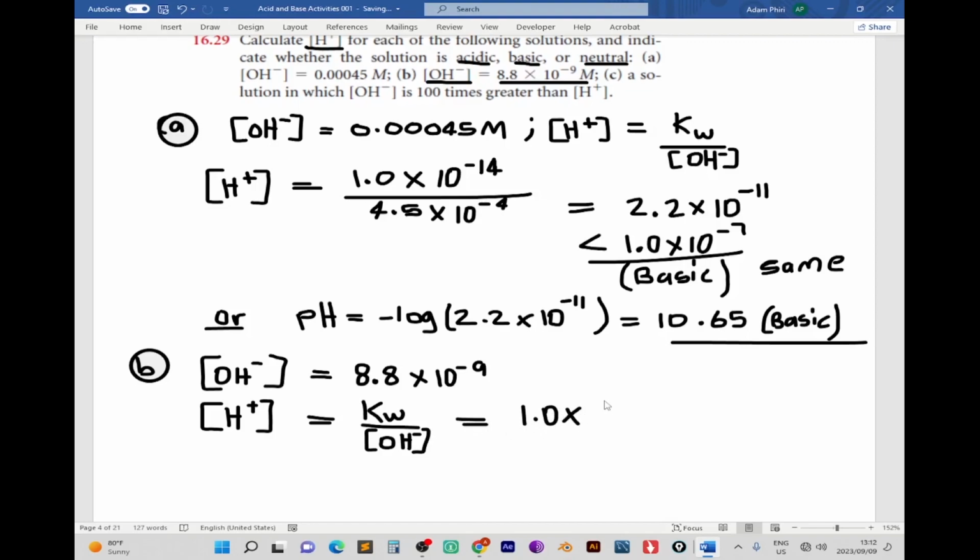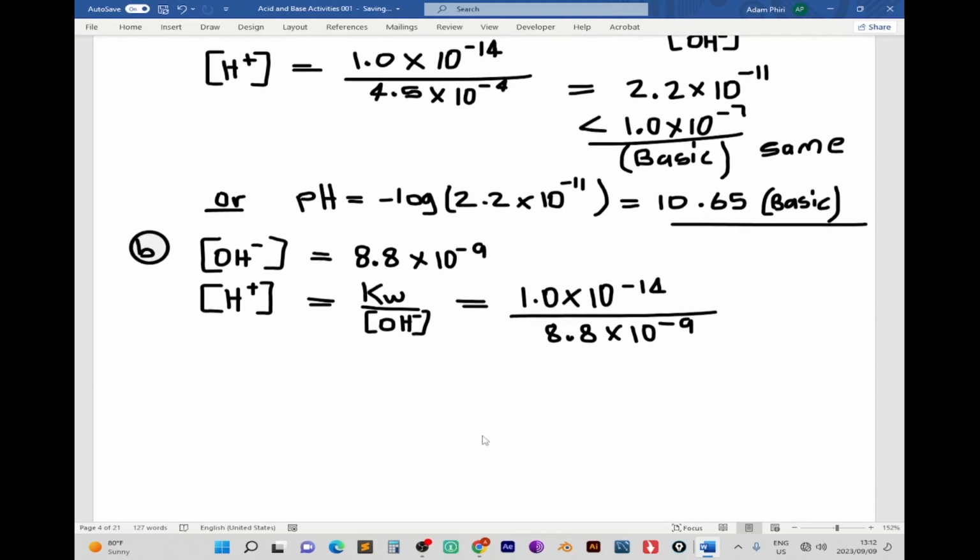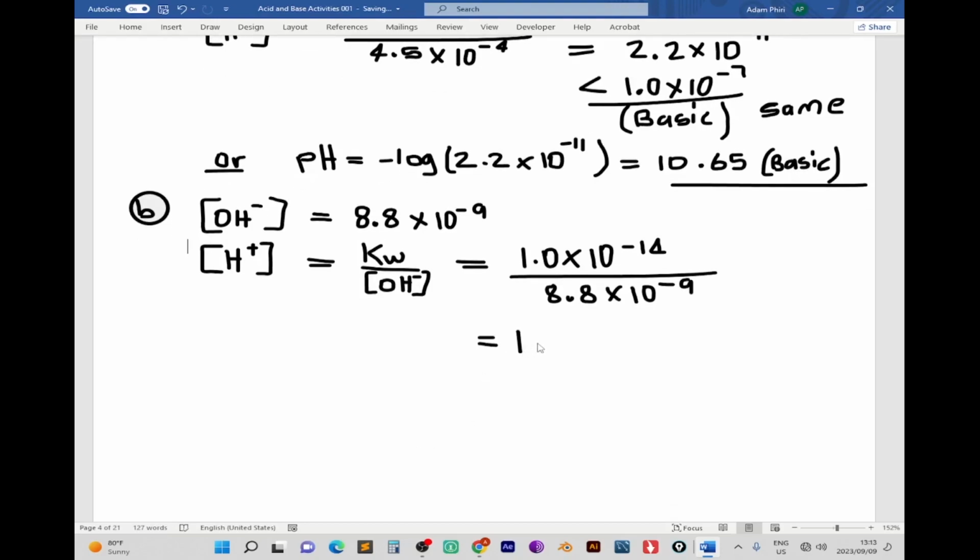So 1.0 multiplied by 10 to the power negative 14, that's the Kw value, and then the concentration is 8.8 multiplied by 10 to the power negative 9. Let us see what value that gives us. We see that we have 1.14 multiplied by 10 to the power negative 6.